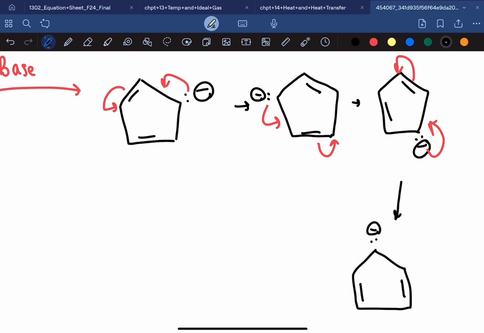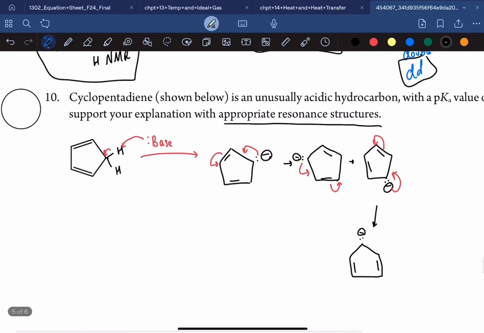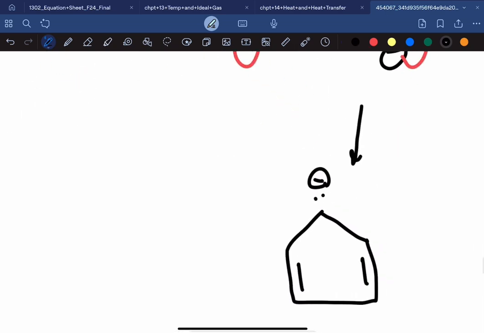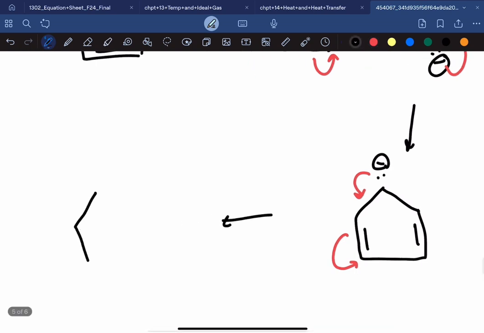And you can just keep pushing this all across. So just write yourself a little note, right? That basically, well, let's do one more resonance structure for safety. And that'll give you this. And this will be minus here.